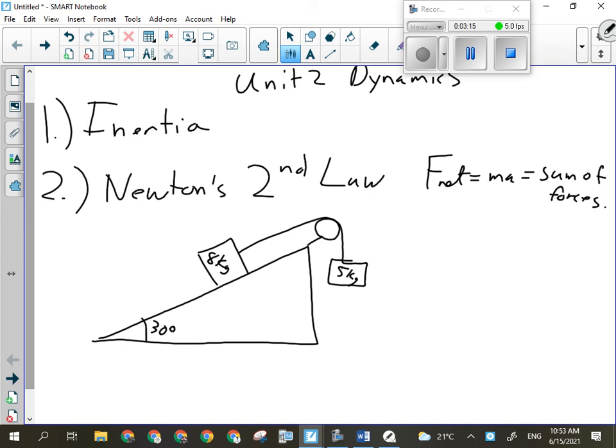I have this nice frictionless inclined plane with a pulley on the top. I have an 8 kilogram mass sitting on the ramp and a 5 kilogram mass hanging over the pulley. I want to calculate the acceleration of the 8 kilogram mass. Let's see how much we remember.